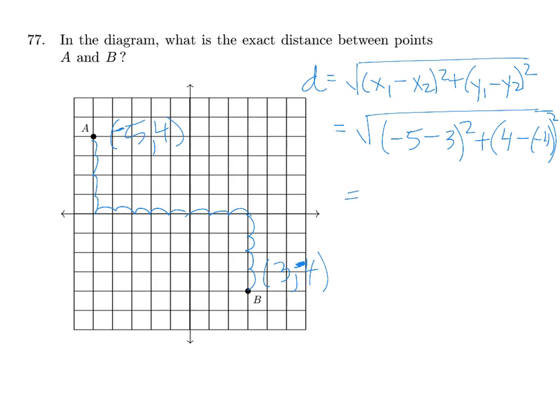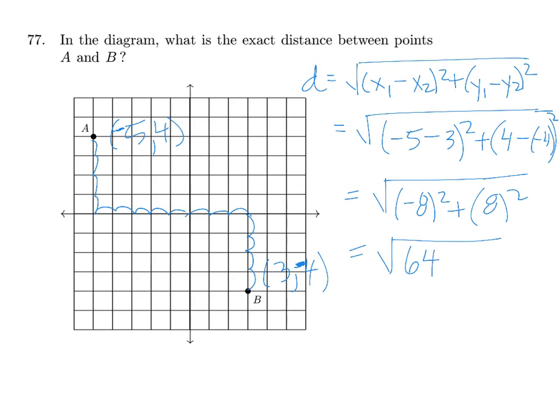Okay, so I end up with negative 8 squared plus 8 squared. So I get 64 plus 64, square root of 128.